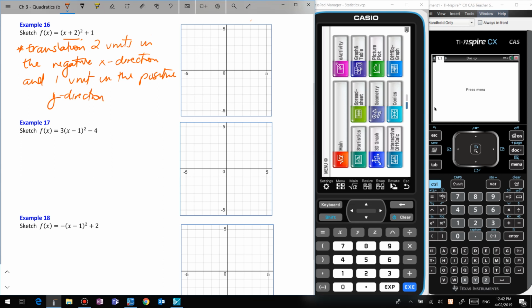So if it's 2 units in the negative x direction, and then 1 unit up, there's our point.